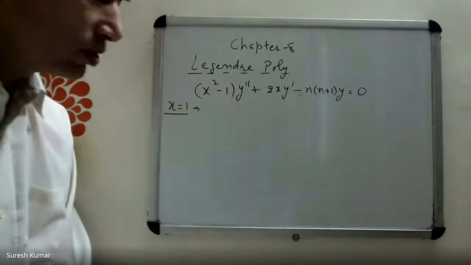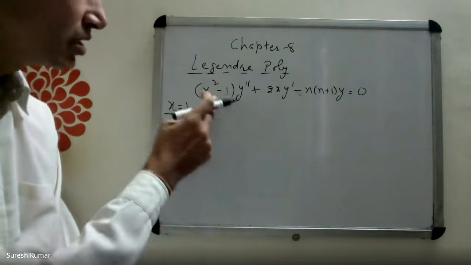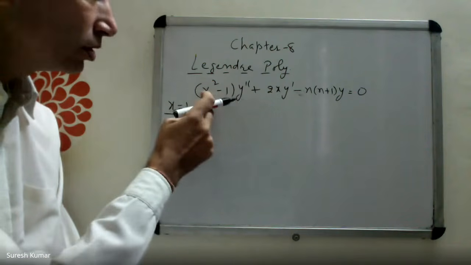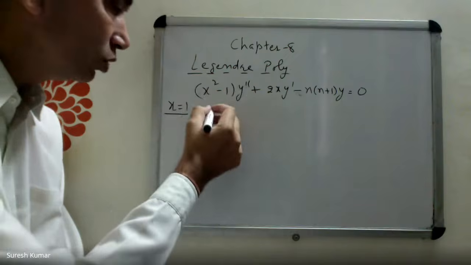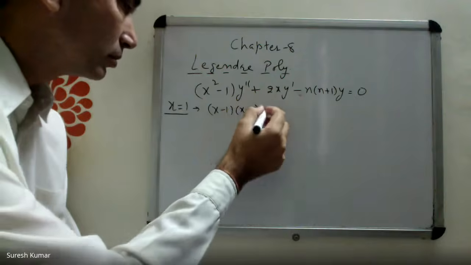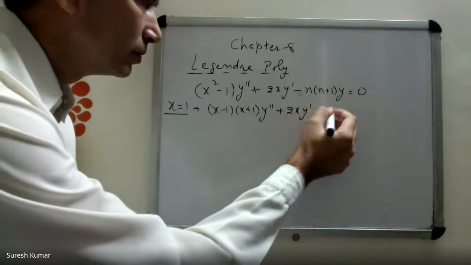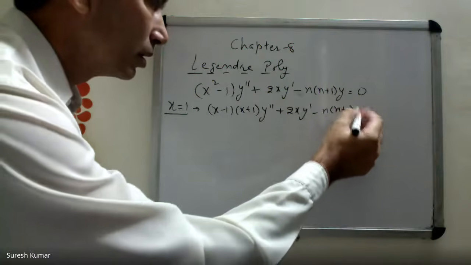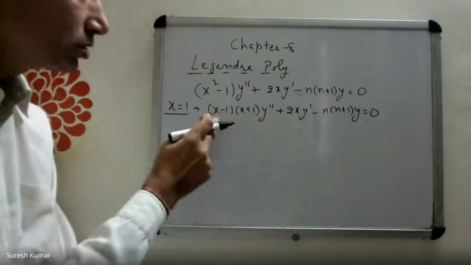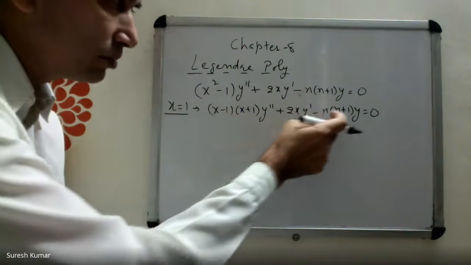How to find the power series solution about x equal to 1? You are seeing that you can break this factor into two linear factors. Now, because this is broken into two linear factors, this is linear factor with y prime and this is constant.